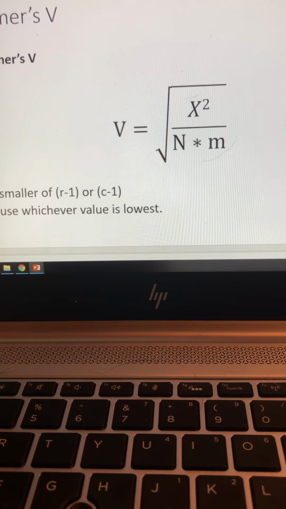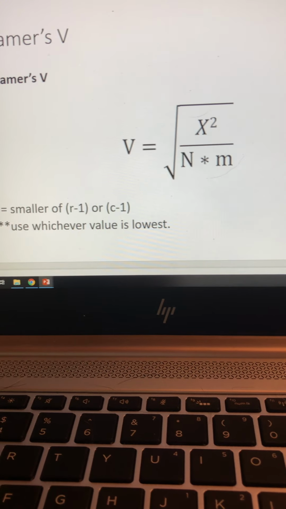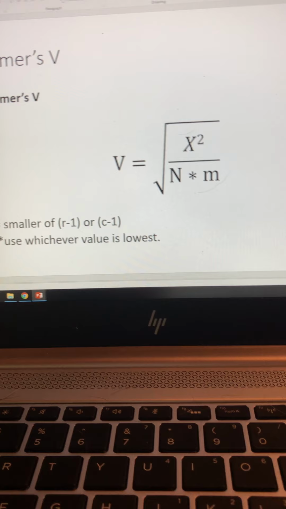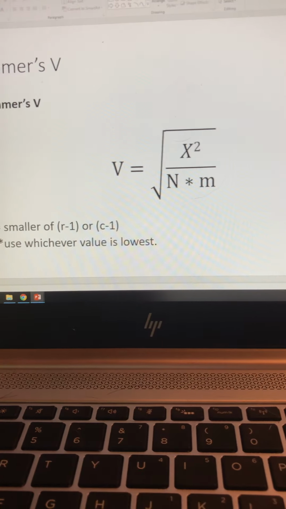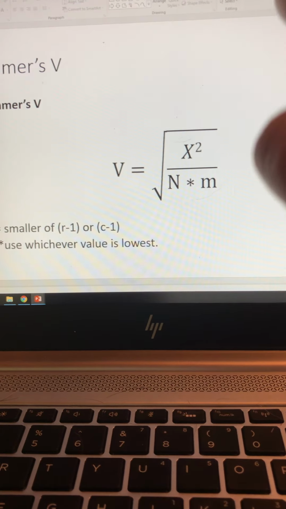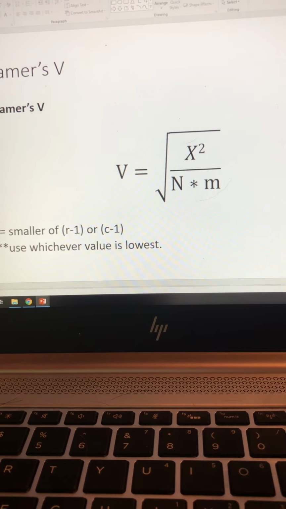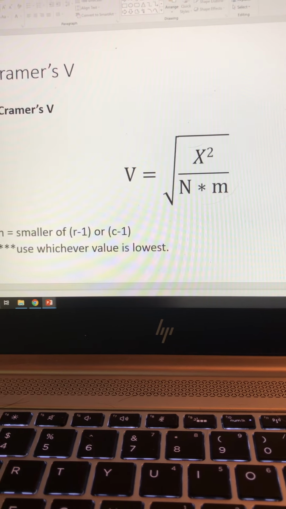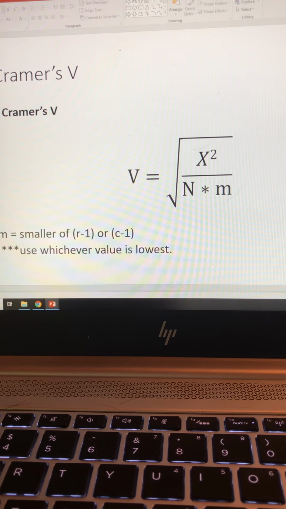But imagine that we had an independent variable with 3 attributes. So independent variables go in the columns. So we'd have 3 columns, and then a dependent variable still with 2. Well, in that case, we would use the rows, because there's only 2 compared to 3. So whichever is lowest between those, and then you just subtract the 1. So it's basically like the degree of freedom of your least number of attribute variables.